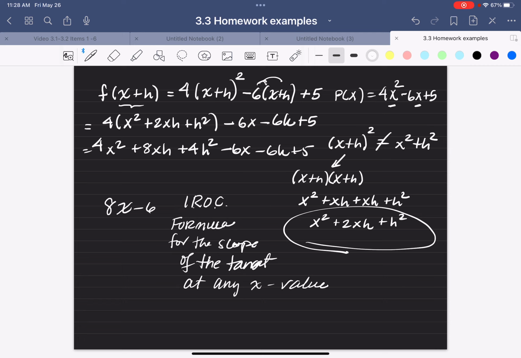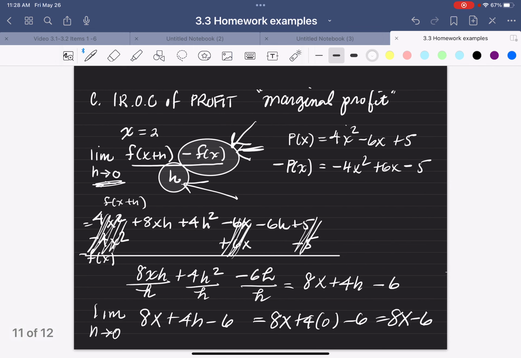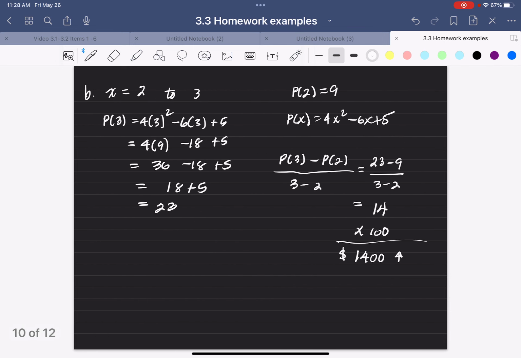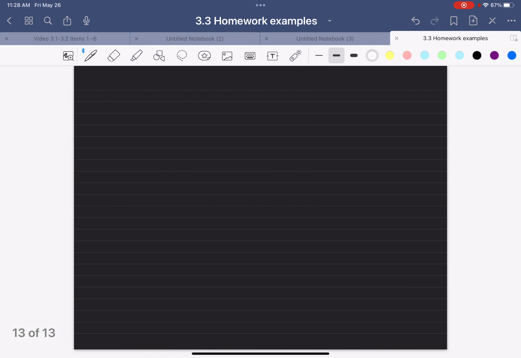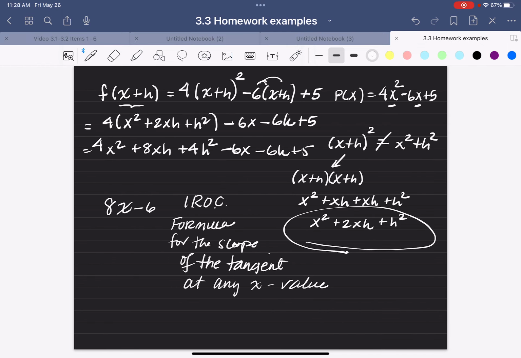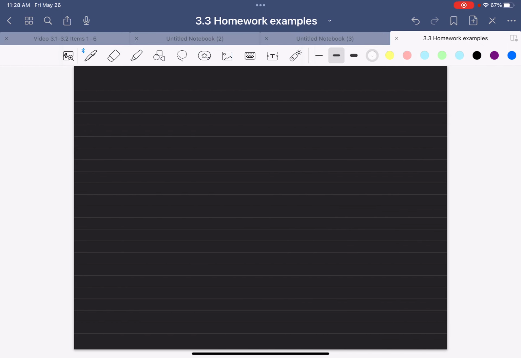Okay, so we're not limited to just the x value that they gave us. We can put in any x value. Now, they did tell us they want us to do it for x equals 2. So I take my 8x minus 6, I evaluate it at 2, I get 16 minus 6, which is 10.